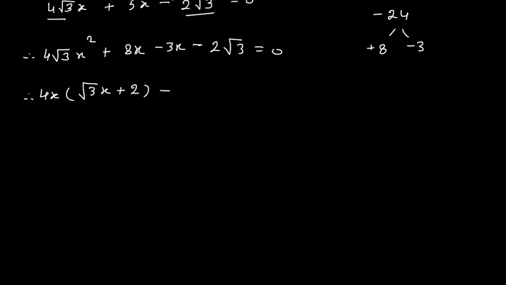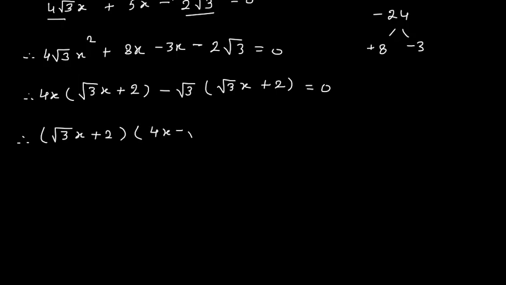You take minus root 3 common, so again you have root 3x plus 2, and the right hand side is 0. So therefore root 3x plus 2 in one bracket and 4x minus root 3 in the other bracket, and this whole is equal to 0.